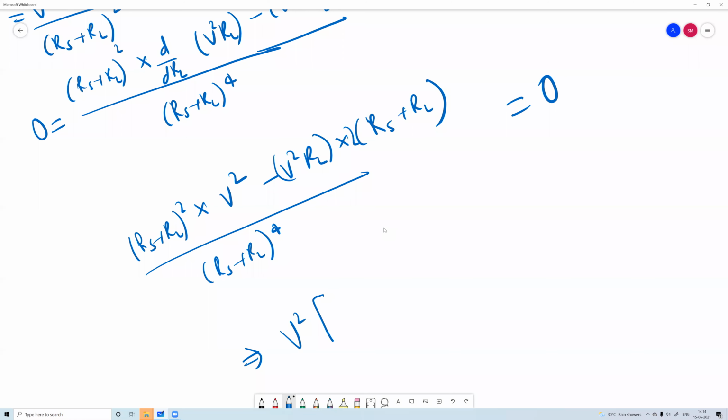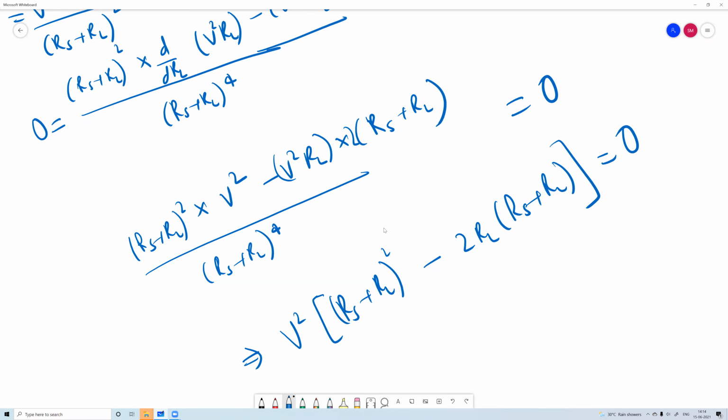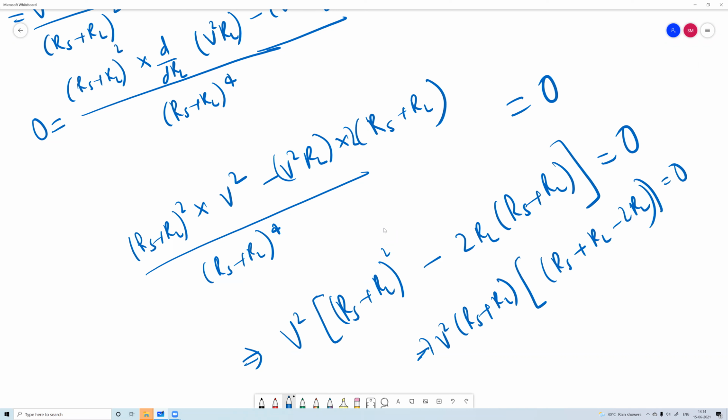So V square times RS plus RL, times RS plus RL minus 2RL, this will be 0, right? If this is 0, then at least one of the three terms has to be 0.